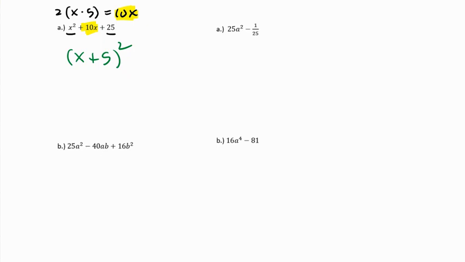On B, if I look, I got 5a times 4b. If I take that times 2, that's 20 times 2, which is equal to 40ab. Because it matches, that tells me it's a perfect square trinomial.